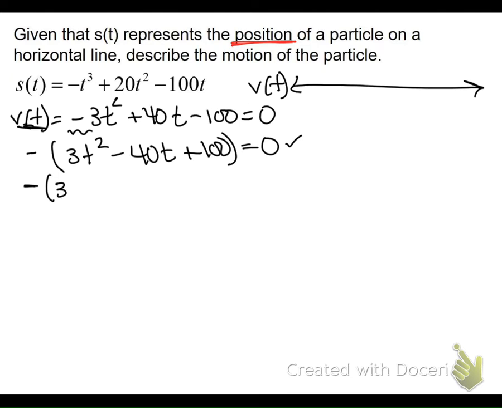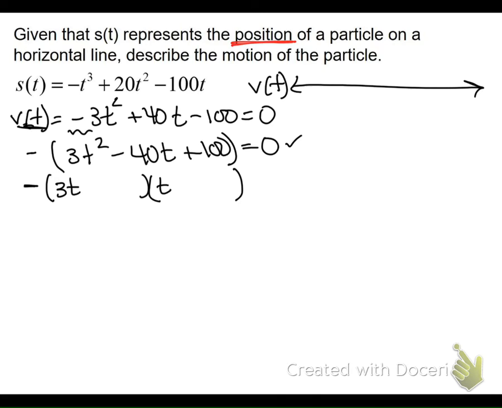Factor to get a 3t squared, I'll do 3t times t. To get a 100, I have a few choices. So 20 times 5, 10 times 10, 25 times 4. I got to work with the inners and outers so I can get that -40. So let me try 20 and 5.